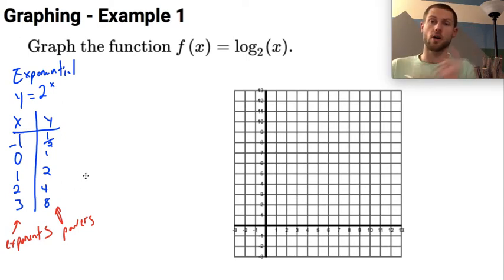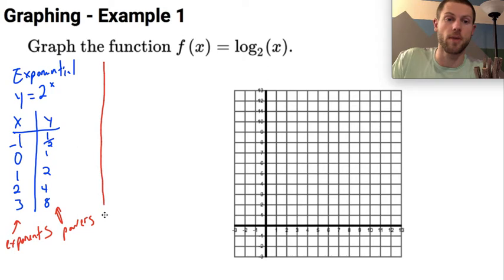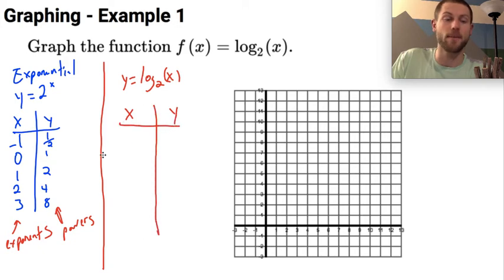When you're graphing a logarithmic function, you're switching your x's and your y's. So let's compare this with y equals log base 2 of x. Essentially what I'm doing here is my x values and my y values are the exact opposites of what I have for my exponential function. So now I have 1/2, 1, 2, 4, and 8, and negative 1, 0, 1, 2, and 3.